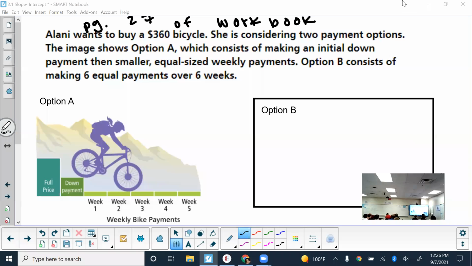For example, this one: we have Alani who wants to buy a bicycle for $360, and she has two different payment options. She could make a down payment and then split it up over 5 weeks equally, or she can do 6 equal payments over 6 weeks.